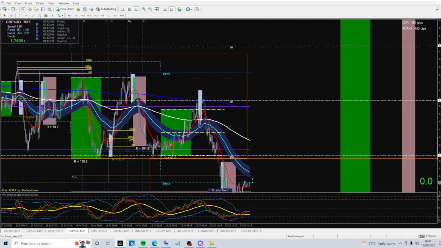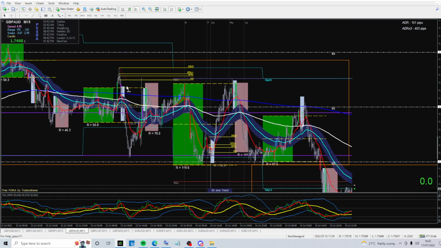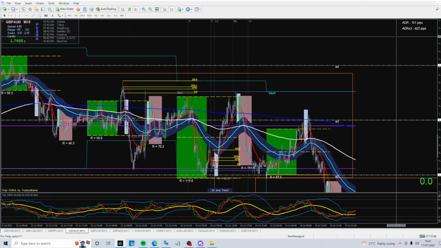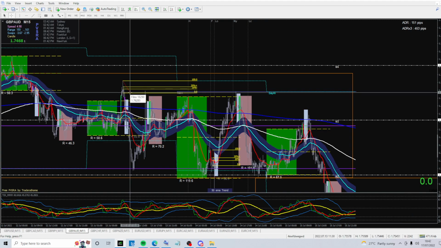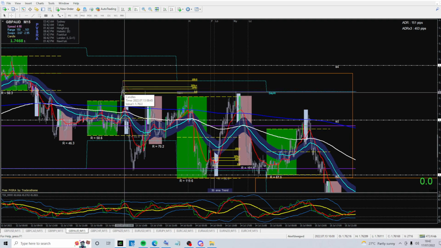If the candle is above 20% of the pips that a pair does in a day, let me give you an example. This pair moves 150 pips in a day. 20% of that is 30 pips. So if this candle was a 35 pip candle, you'd wait for a 50% pullback. But because it's below 20% of the ADR, you go for 1/3.